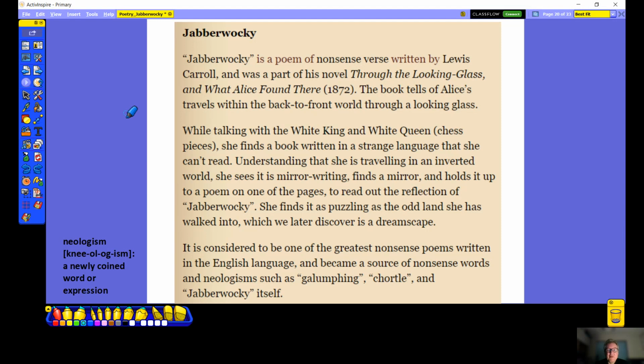And she comes across this mirror writing, just as you did yesterday, and finds that it's a poem, and it's a reflection of the opening verse of the Jabberwocky. So this land that she's in is a kind of dreamscape. It's a kind of dreamland. It's not a real land.